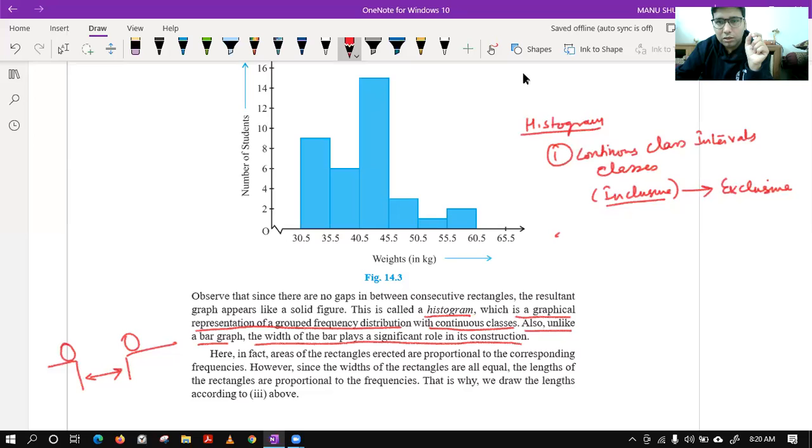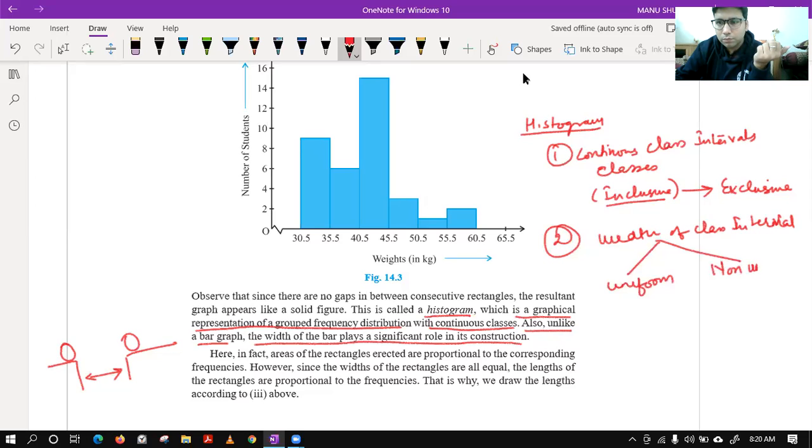So here widths are of two types. Either it will be uniform throughout or it will be non-uniform. So the width of the class interval should be taken into consideration. Either the width will be uniform or non-uniform.